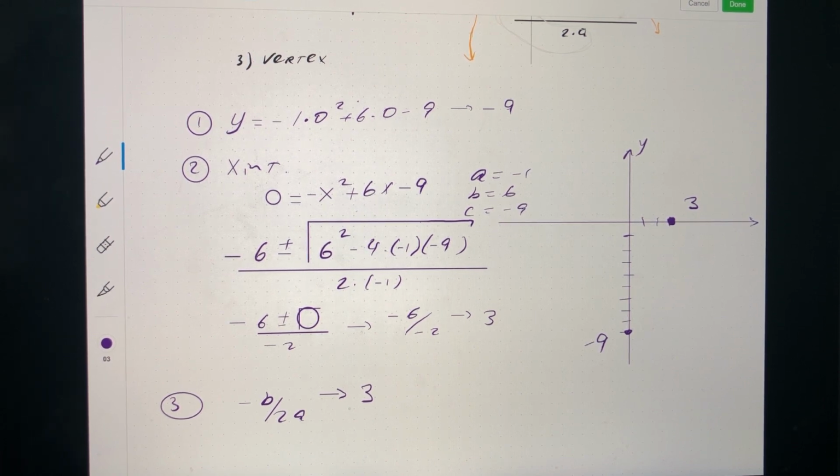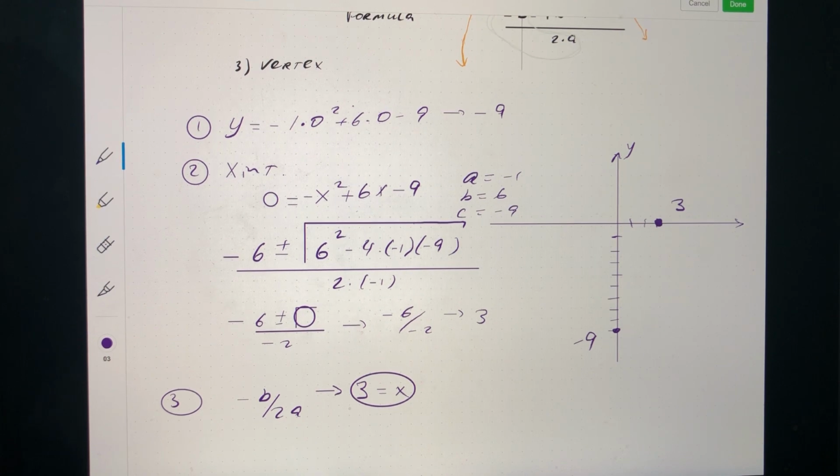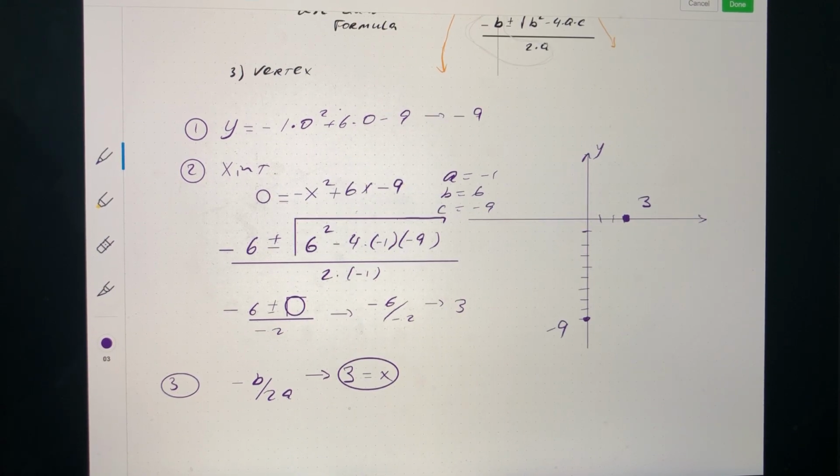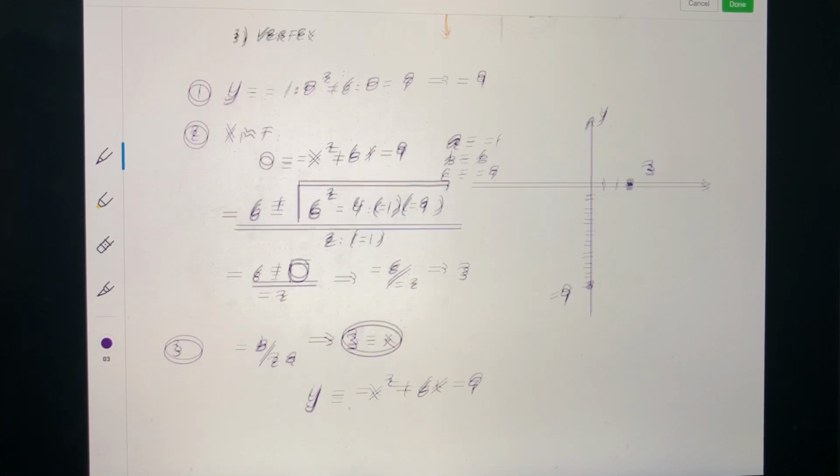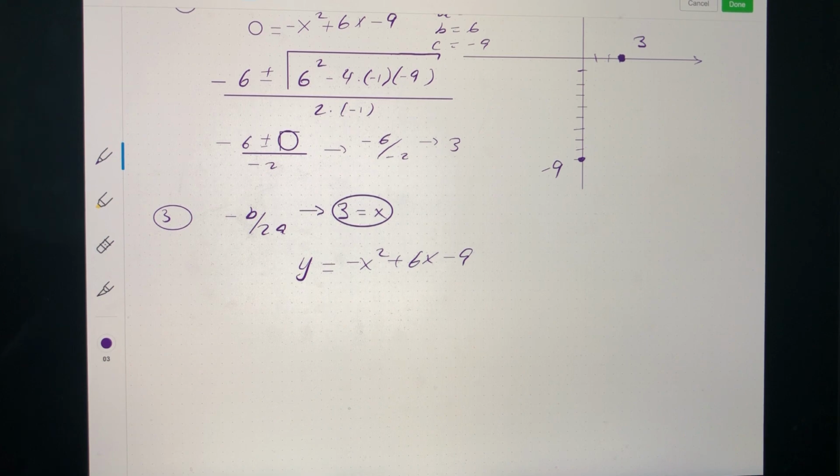But if we were to find it, we would take this x number and substitute it back into our original equation. The original equation was negative x squared plus 6x minus 9. So replacing every x with a 3, we would get negative 3 squared plus 6 times 3 minus 9.